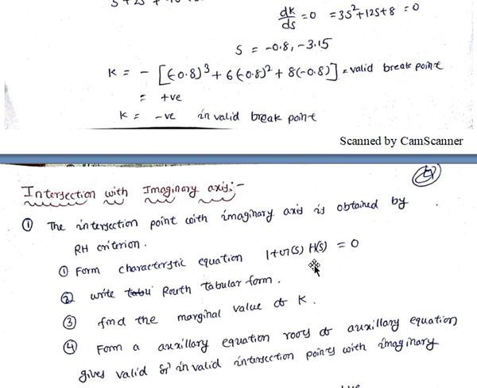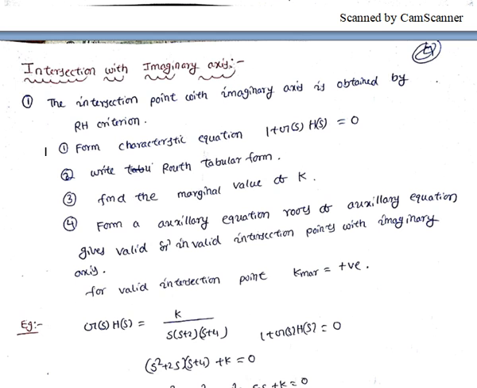Then use the Routh tabular form to calculate the marginal value of K. Form the auxiliary equation and find the intersection point. Depending upon the K value, we tell whether the intersection point is valid or invalid. If the marginal K value is positive, then only it is valid, otherwise it is invalid.